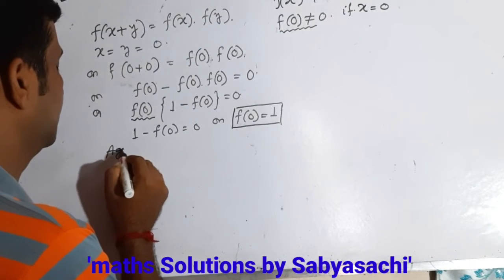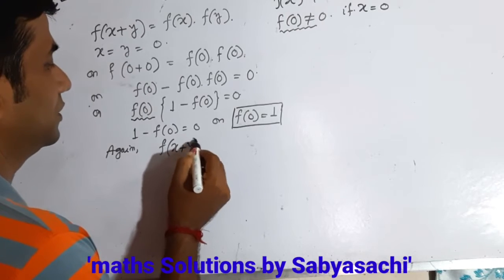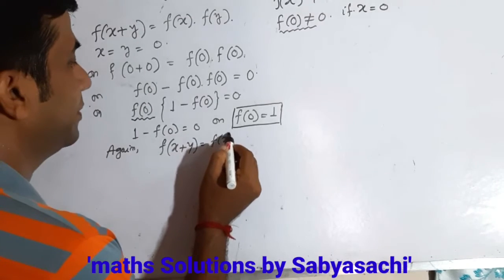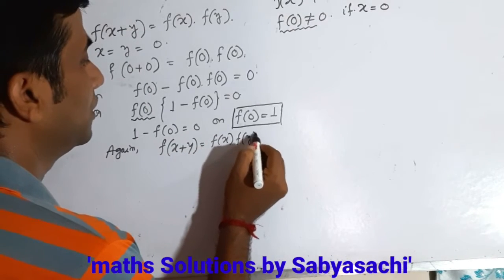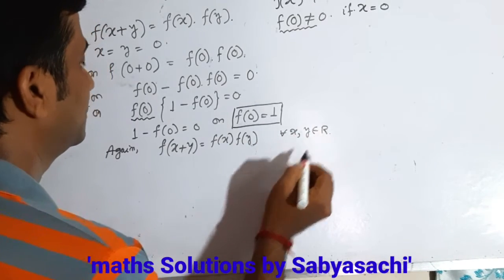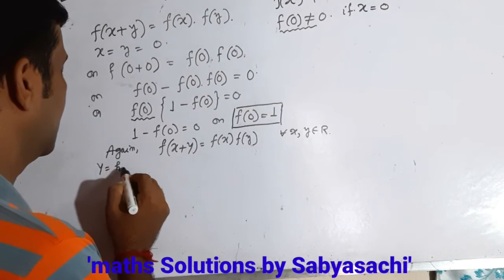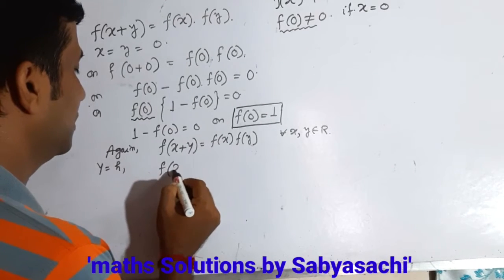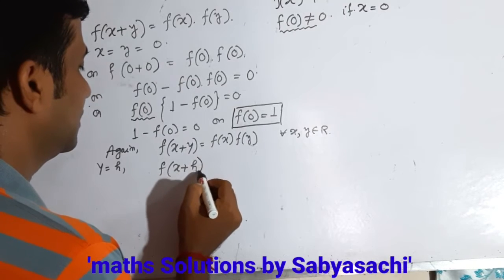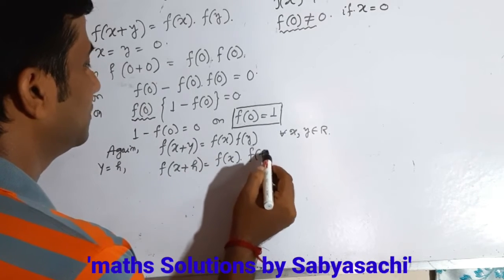Again, f of x plus y is equal to f of x into f of y for all x, y belongs to R. Now taking y is equal to h, f of x plus h is equal to f of x into f of h.